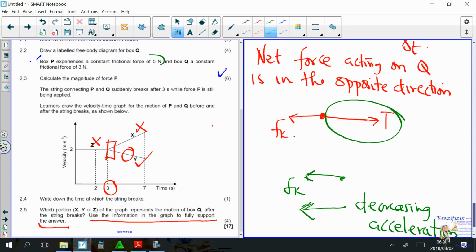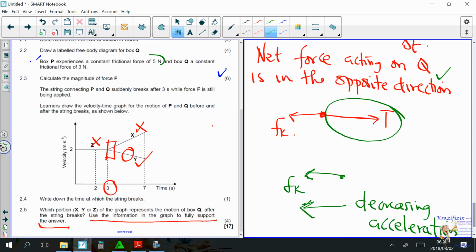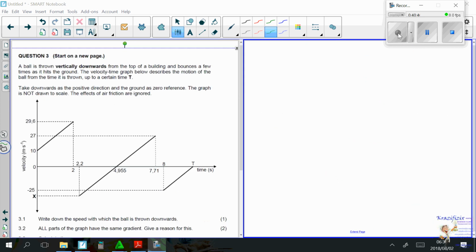You get your mark for talking about the net force again. It's only friction, there's no more tension. So the net force is acting against the direction, hence it is decreasing. All right, that is question number 2 done. Newton's second law, it's a grade 11 concept. So this section is also good for our grade 11 learners. Rewind the video over and over again until you get the whole concept.